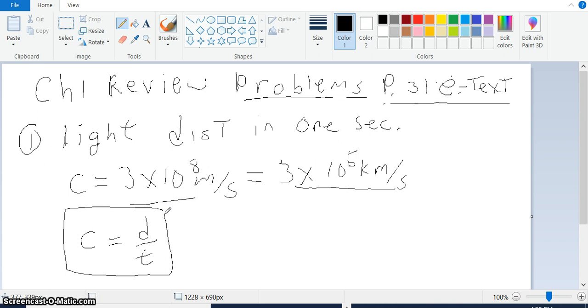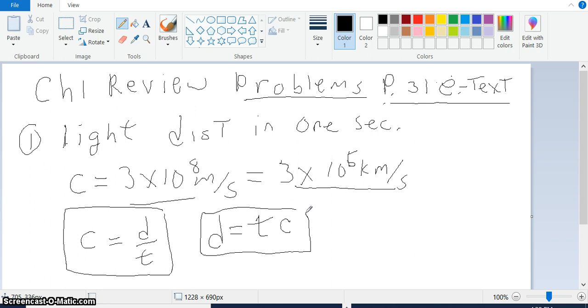If we rearrange this equation with a little algebra, and this is just algebra 1, then d is equal to the time t times the speed of light. This is the equation that we're going to use to solve our problem.